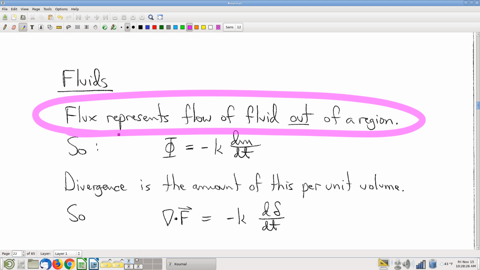By the way, for the record, I am oversimplifying some of this: how a vector field represents fluid flow. Maybe it should represent the velocity of the fluid, but maybe it should represent velocity times density if you're thinking about mass of fluid as opposed to volume of fluid.